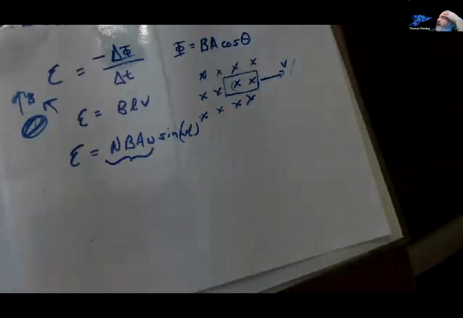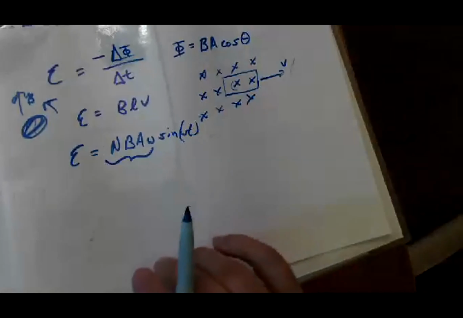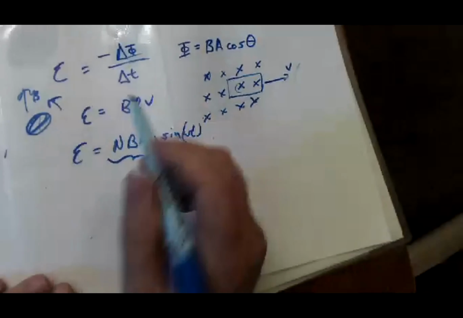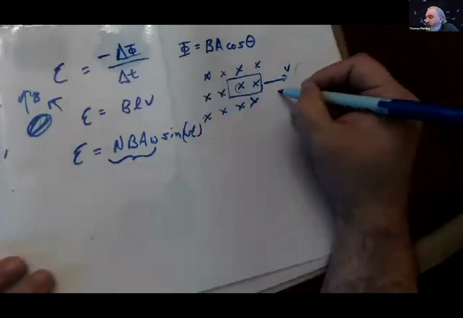So from there, once we had the grounding and the basic ideas of flux and EMFs. I actually have a question, Dr. Fleming. Yeah, what's up? So the E equals BLV. You said that was for outside of the magnetic field? No, it's called a motional EMF.